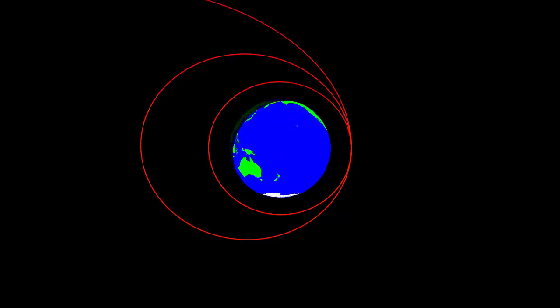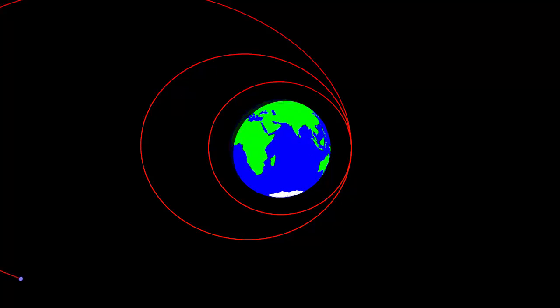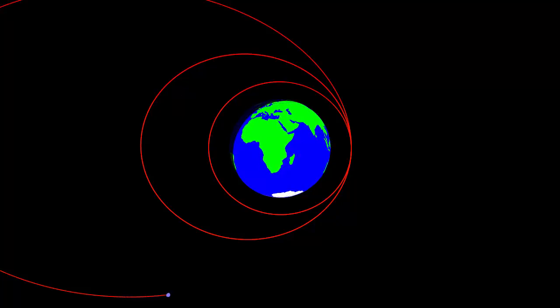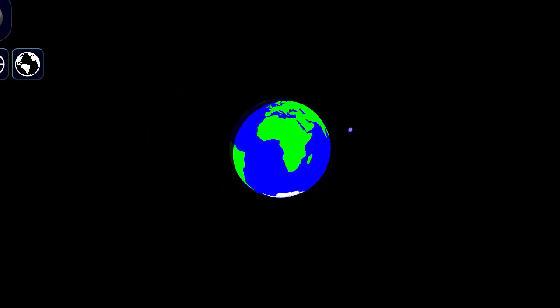Don't worry, it'll come back. But if we go fast enough, we'll reach a speed with which it never comes back. And this is known as escape velocity.